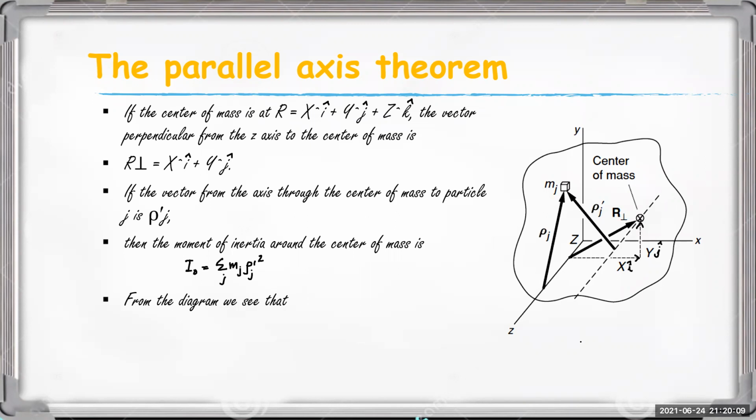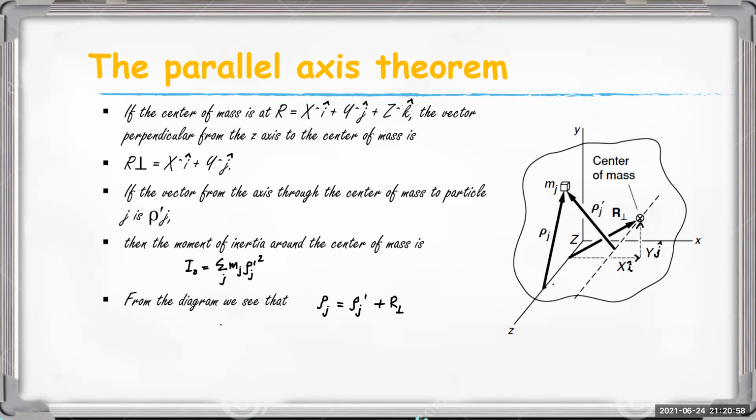Then from the figure we can say that rho j is equal to rho j dash plus r perpendicular.